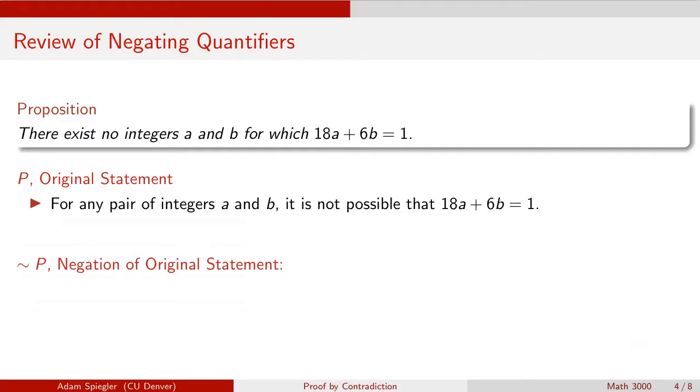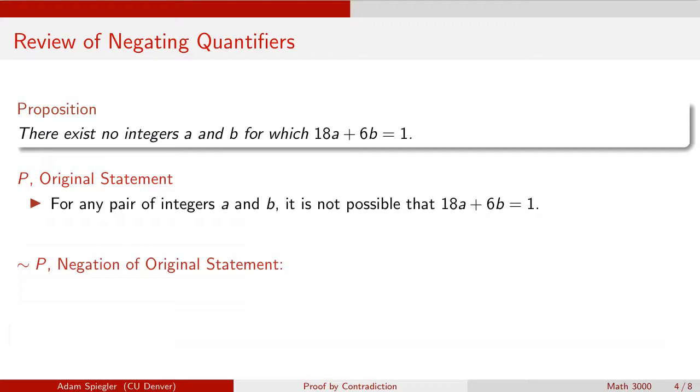This is logically equivalent to the statement we started with, since saying that there are no two integers for which, when we combine them in this way, we get 1, is the same thing as saying that for any two integers a and b, when we combine them in this way, we don't get 1.